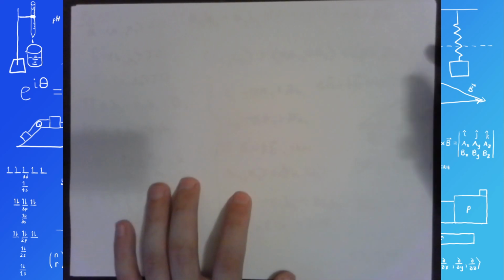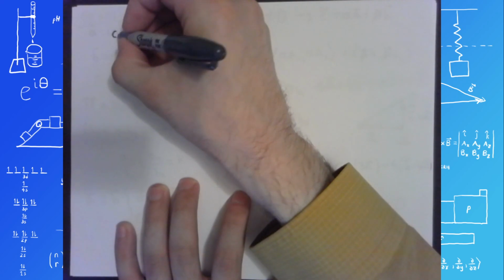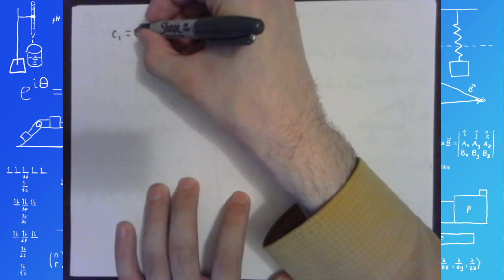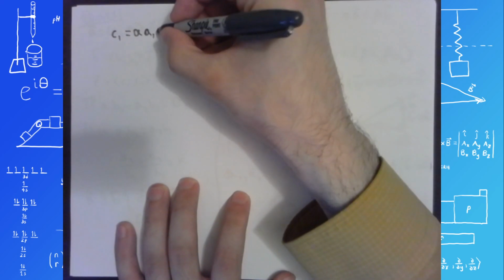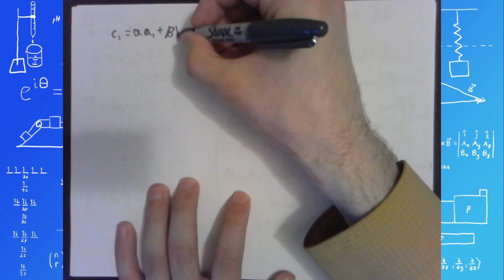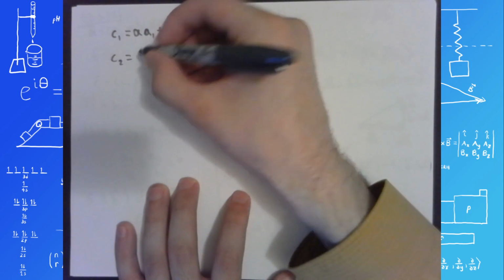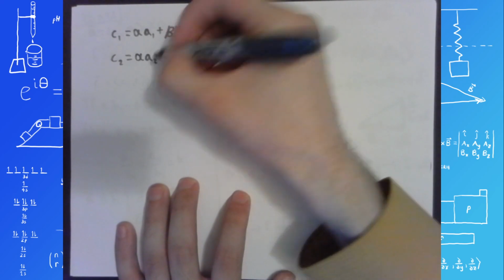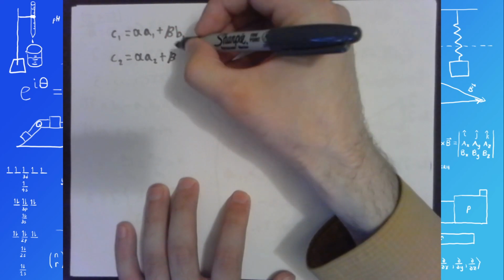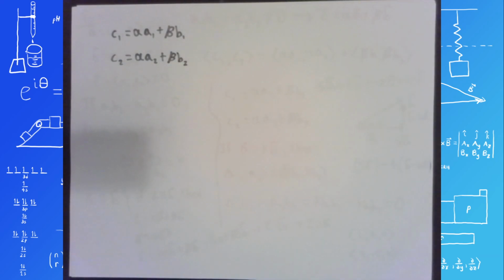C1 equals alpha A1 plus beta B1, and C2 equals alpha A2 plus beta B2. So we need to prove that there is always an alpha and a beta that we can come up with that will make these equations true.